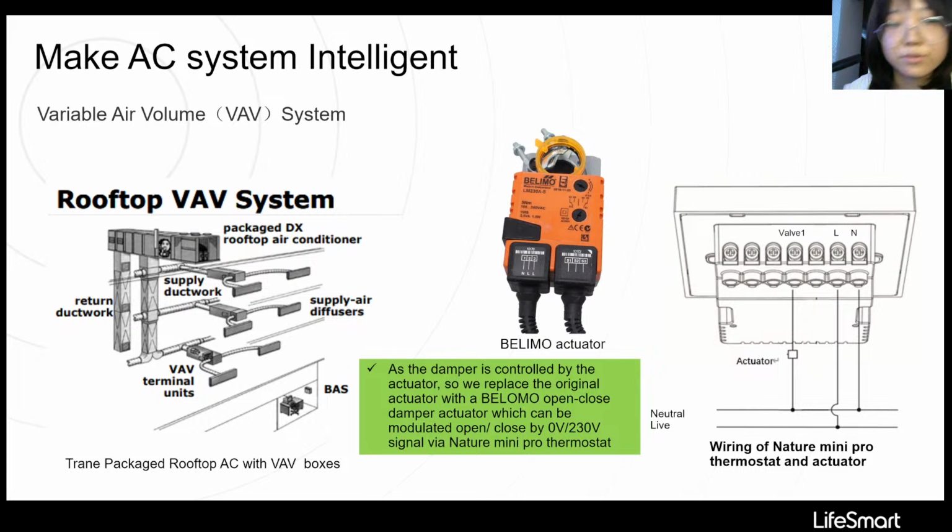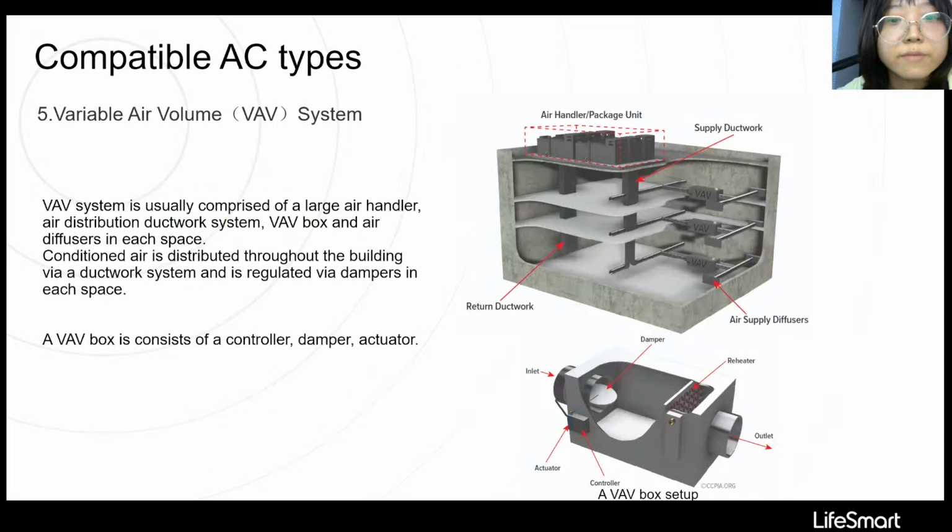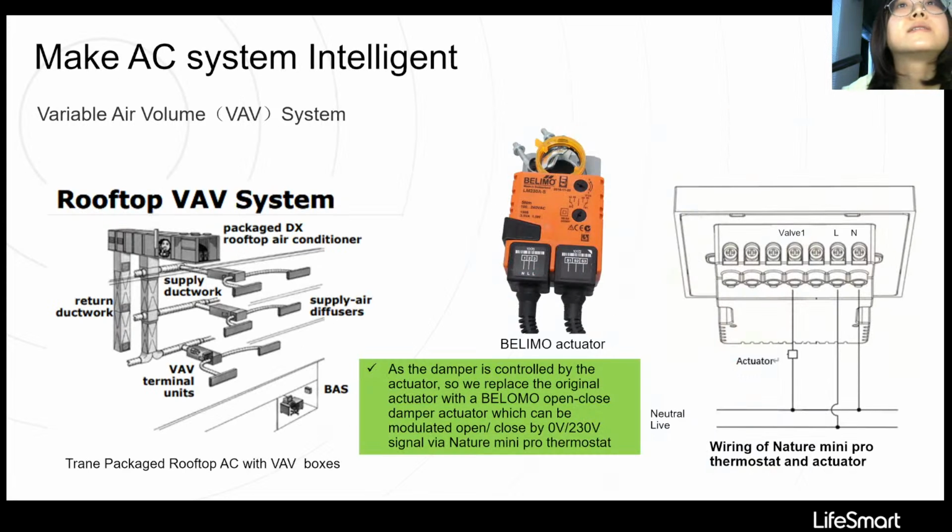As I have introduced on the last page, the VAV box is equipped with a damper, actuator, and controller. So in this case, we replace the original actuator with a third-party open and close damper actuator, which can be modulated open or closed by a 0 volt or 230 volts signal via the thermostat products.